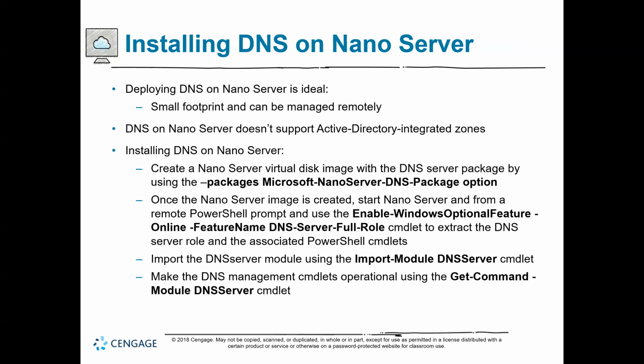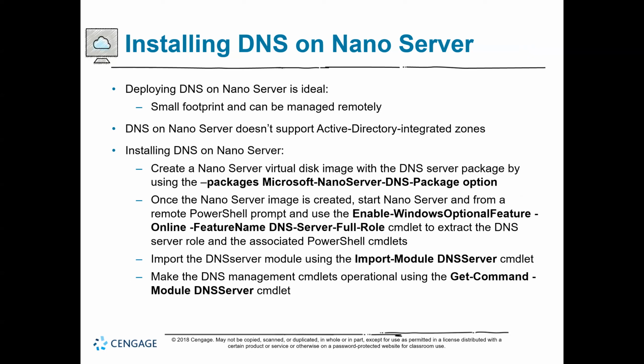Installing DNS on a nano server. You create a nano server virtual disk image with the DNS server package by using the -Packages Microsoft-NanoServer-DNS-Package option. Once the nano server image is created, start nano server, and from a remote PowerShell prompt, use the Enable-WindowsOptionalFeature -Online -FeatureName DNS-Server-Full-Role cmdlet to extract the DNS server role and the associated PowerShell cmdlets.